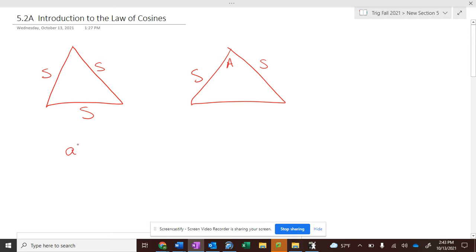So, a squared equals b squared plus c squared minus 2bc cosine of alpha. That's for A. If you want to find B, b squared equals a squared plus c squared minus 2ac cosine of beta.